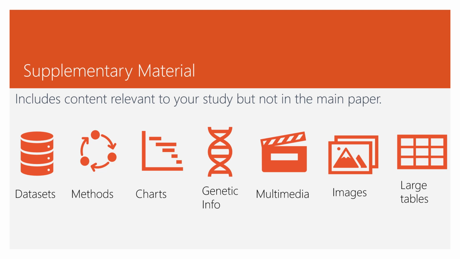Then there is genetic information, multimedia files or images, or large tables. Such data, which are supplementary to our main findings, we can put in as supplementary material. This supplementary material is available online for authors' use.